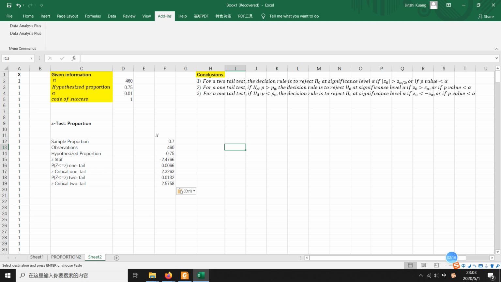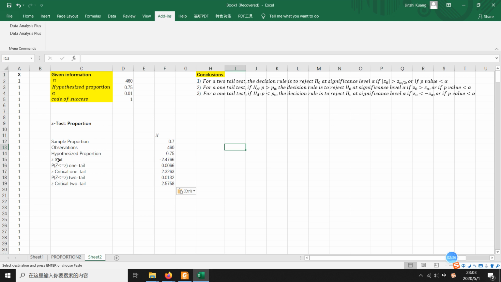Firstly, for a two-tailed test, the decision rule is to reject the null hypothesis at significance level alpha if the absolute value of the Z statistic is higher than the Z critical value for two-tailed test.